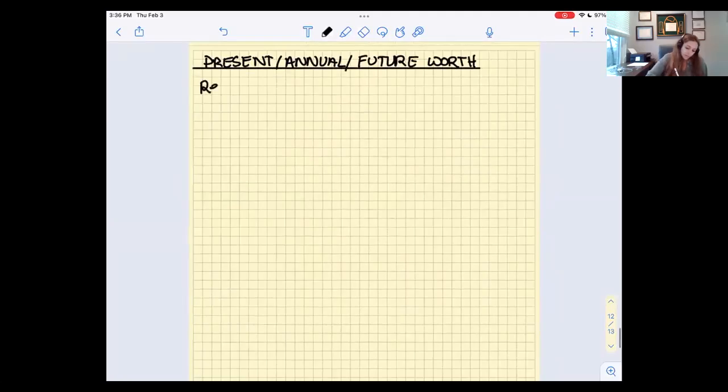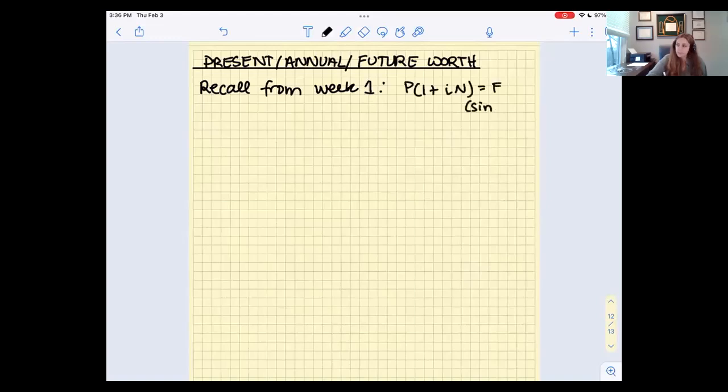So let's recall from week 1. Remember, we talked about how we had P times 1 plus IN equals F, and that was our simple interest, versus we had P times 1 plus I to the N equals F, and that was our compound.